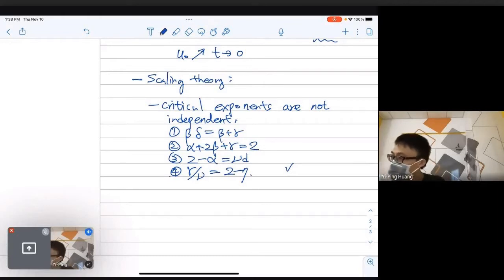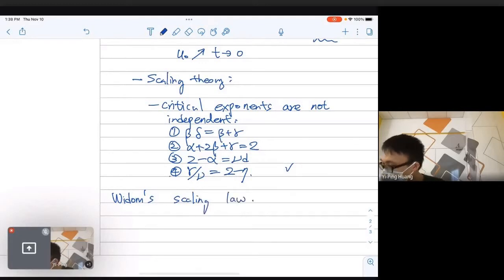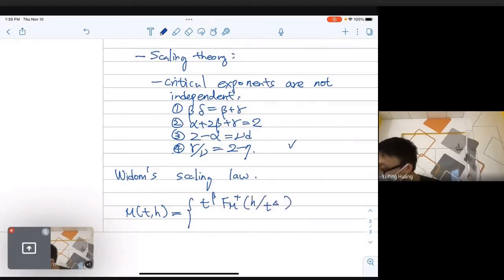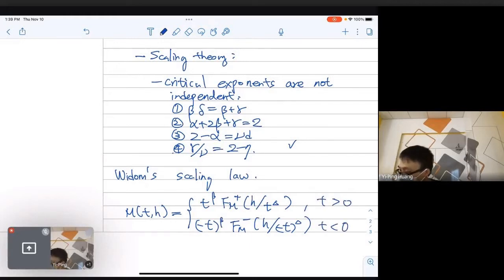In our last lecture, we introduced the Widom scaling law. What we found is that the magnetization, as a function of reduced temperature and external field, can be expressed using this type of functional form, for temperature greater than the critical temperature or smaller than the critical temperature.